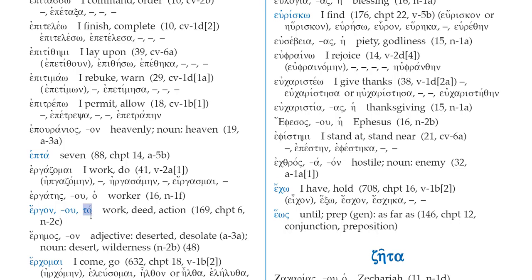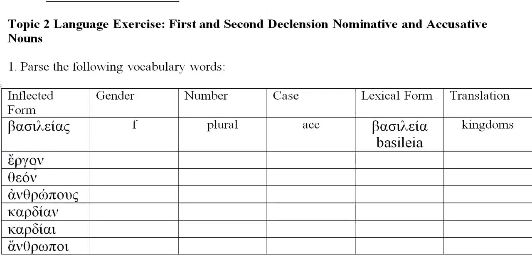Then we know from the article that we're looking at neuter. So this is a neuter singular definite article. So we know that we have a neuter gender. It is second declension. And we know that the lexical form is ergon. So let's come back over here, and we notice that the gender is neuter. The lexical form is ergon, so we can just copy and paste that over.